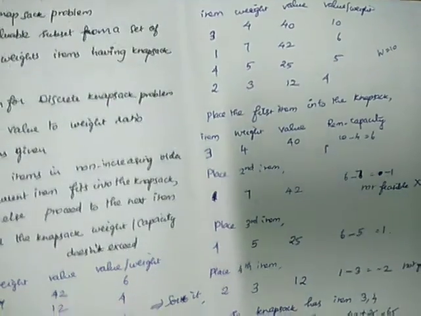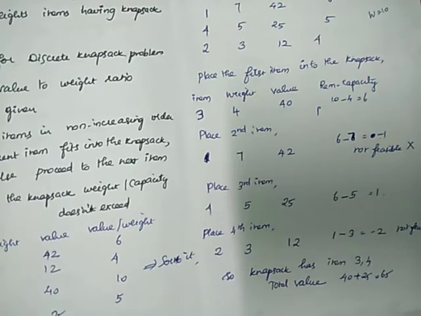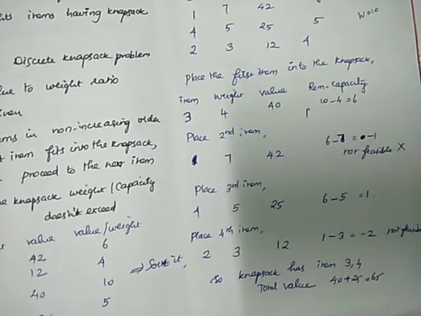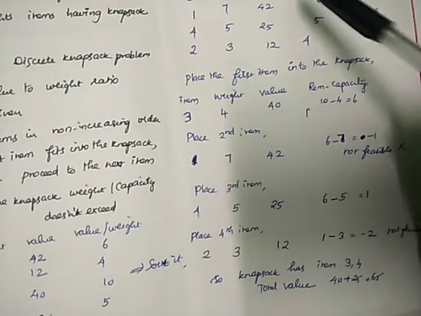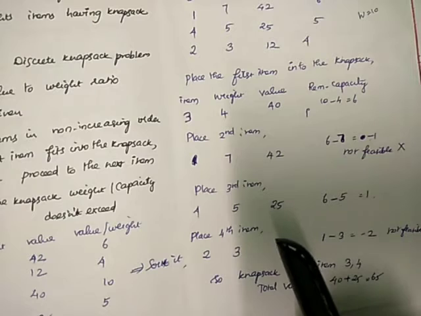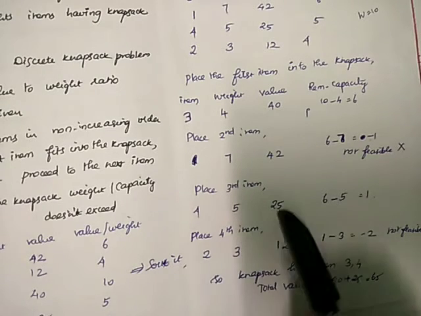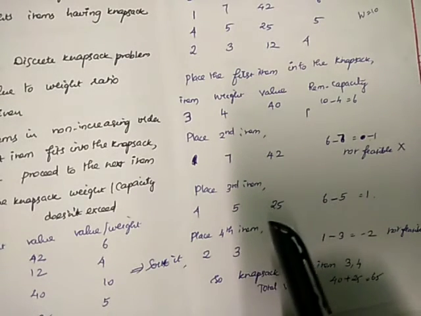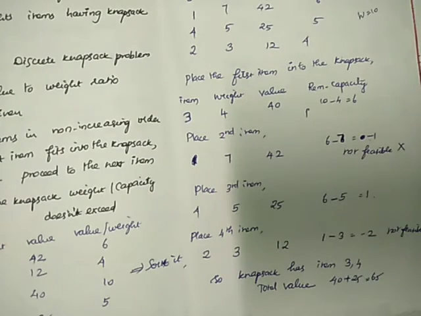So finally we have two items, item number 3 as well as item number 4, with total value 40 plus 25, which is 65. This is the procedure for how we can solve the discrete knapsack problem using an approximation algorithm, which is the greedy algorithm.